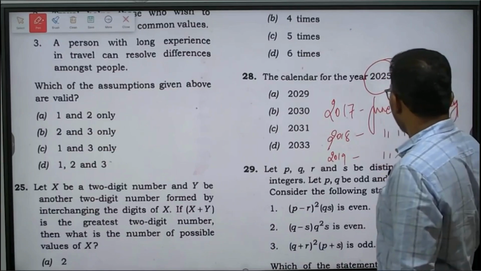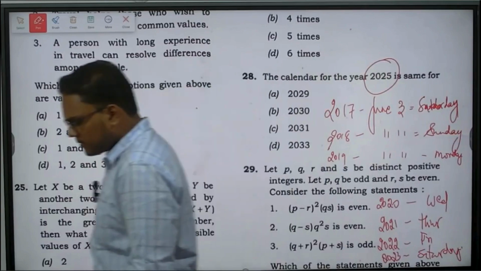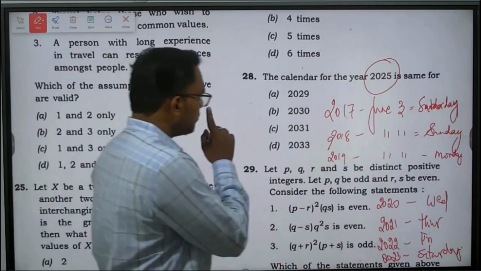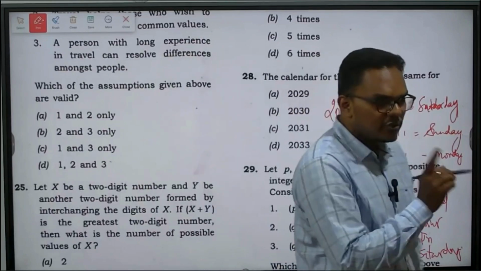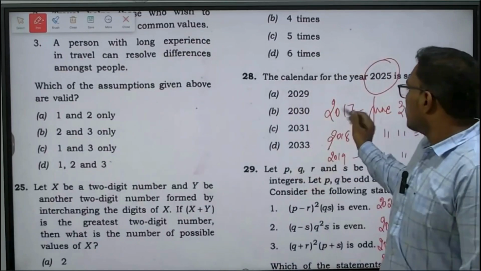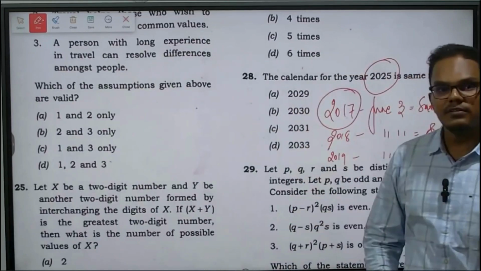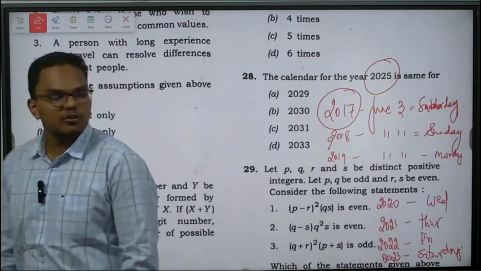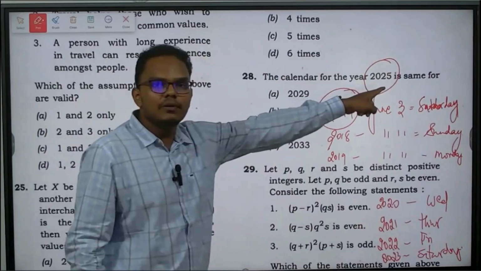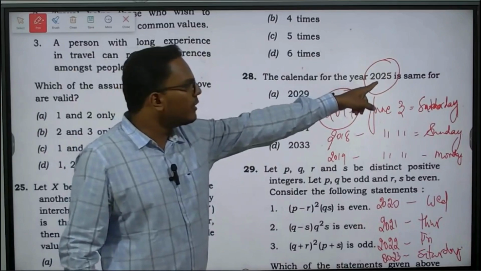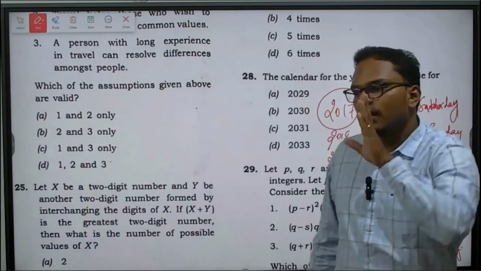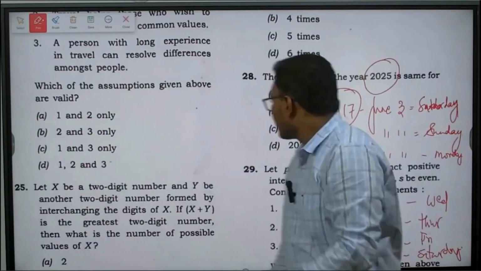I know this day because 2018 June 3 was prelims. So June 3 in 2017 should have been Saturday. Why I'm taking 2017 as reference is because 2017 is 1 year after a leap year, and the question that is asked is also 1 year after a leap year, which is after 2024, a leap year, so 2025 is 1 year after a leap year, so you have to compare it between leap years.